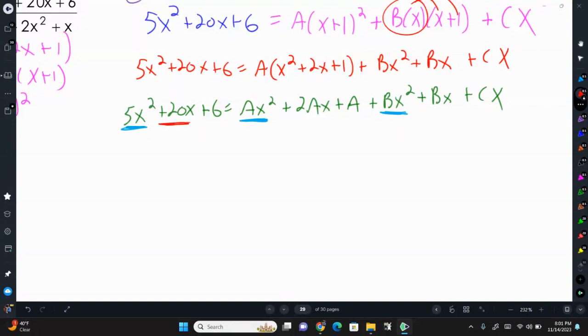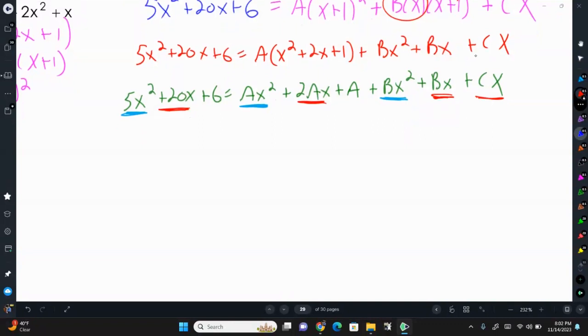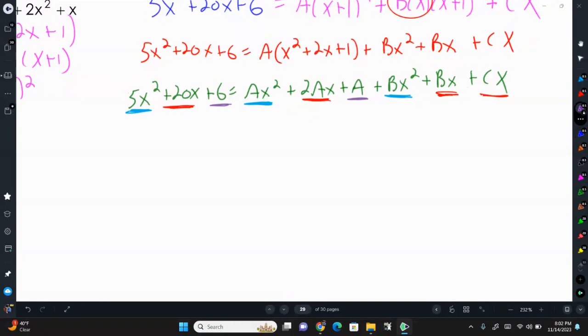Then for 20x, we have 2ax and bx, and cx. When I combine those three things, I must get 20. And then 6 and a, well, that one is easy. That one tells us right then and there that a has to be 6.